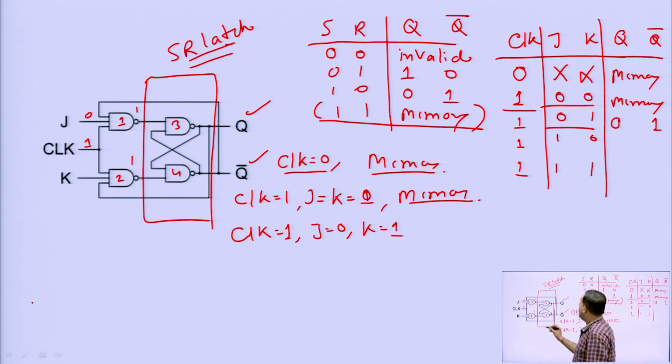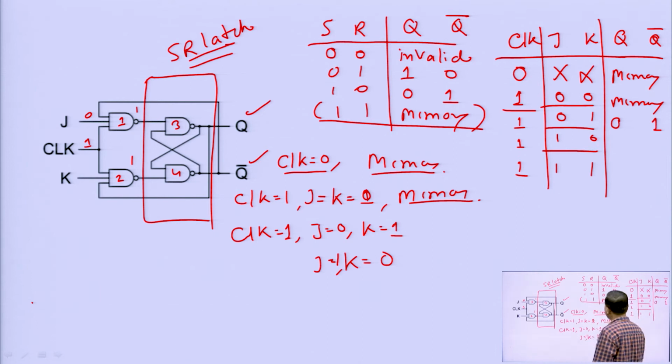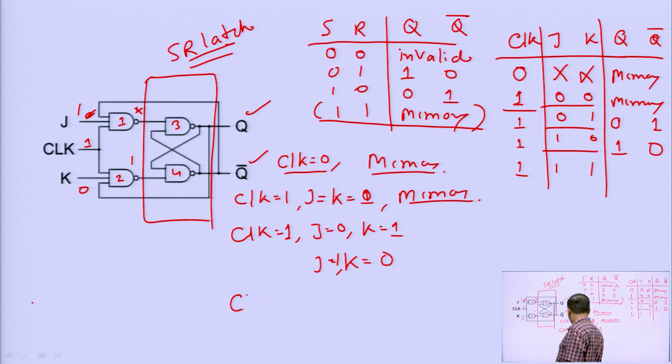Like that, next is J 1 and K 0. In this case this output will be 0, but we cannot say that this is 1. So, if this is 1, then we can get the output as 1 0. Okay. This will be the output as 1 0.